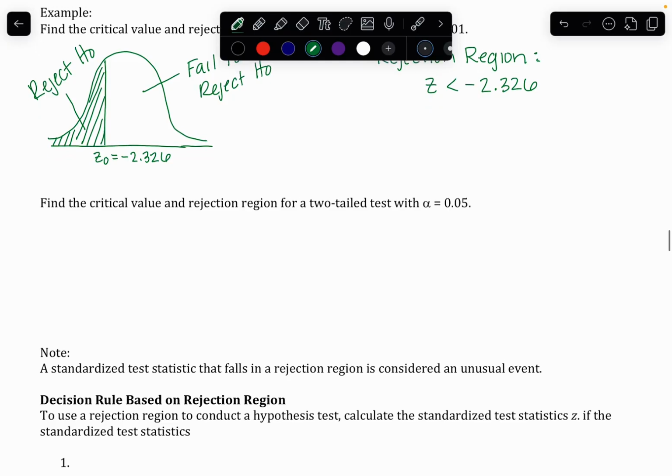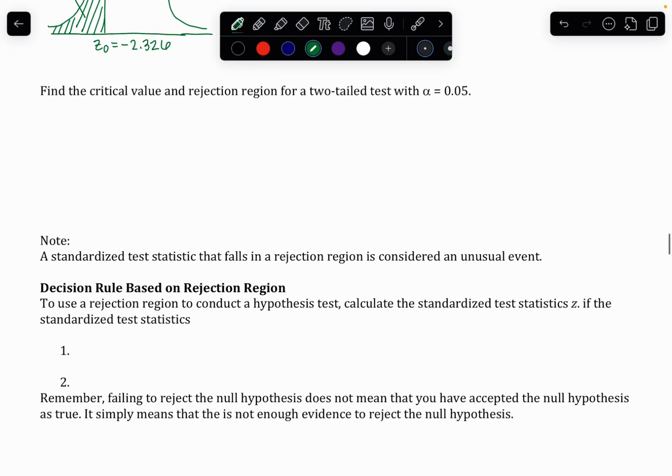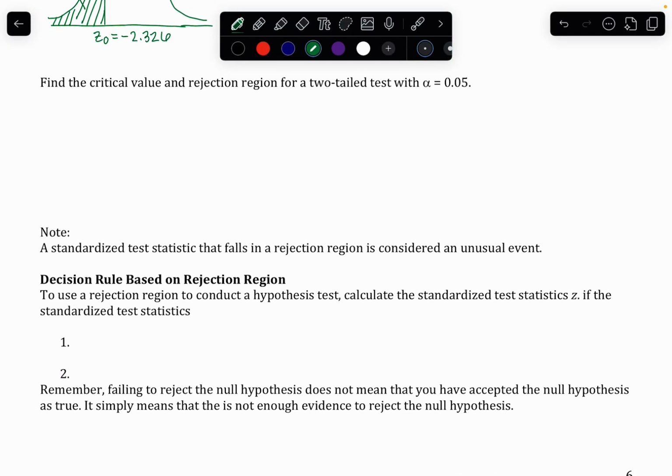If we want to find the critical value in the rejection region for a two-tailed test with alpha equaling 0.05, again, I'm going to sketch the graph. Since it's two-tailed, we're going to shade both the left and the right. Both shaded regions are where we reject the null hypothesis.